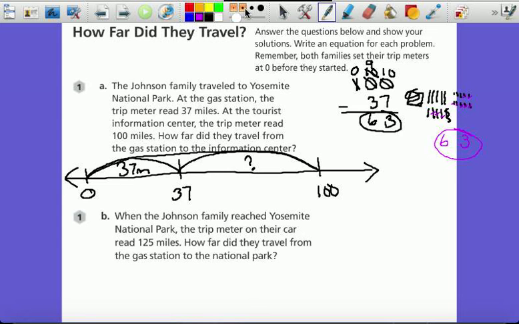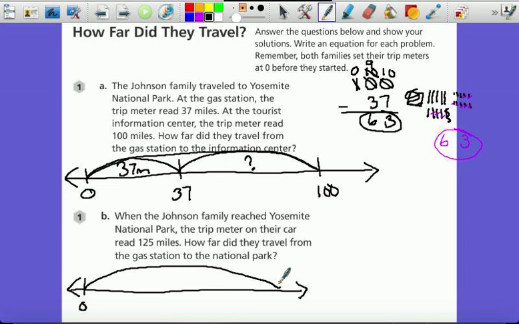Now we need to take the information we learned here to help us with this one. That's where a lot of the kids got confused, because it says, when the Johnson family reached Yosemite National Park, the trip meter on their car read 125 miles. So we're going to draw our whole number line here again. We're at 0. The whole trip, they're at 125.